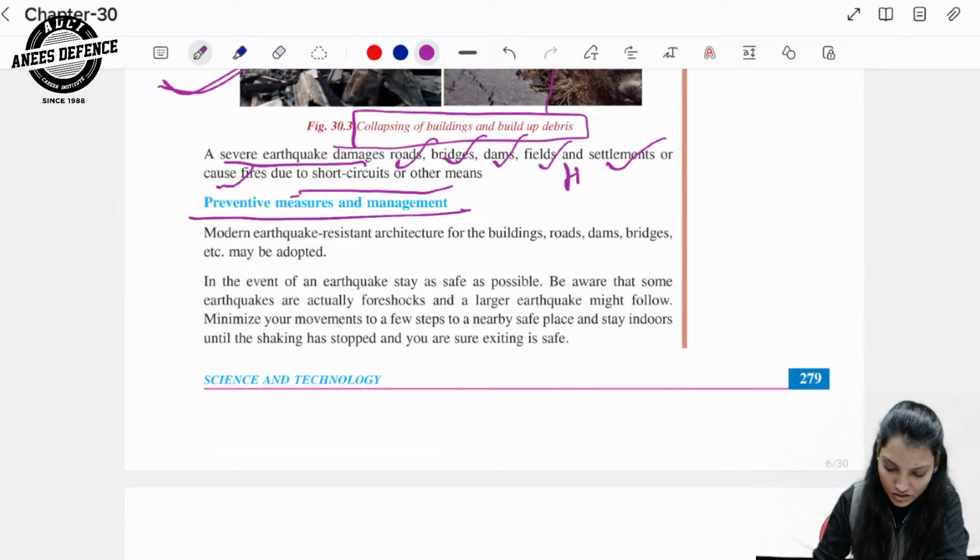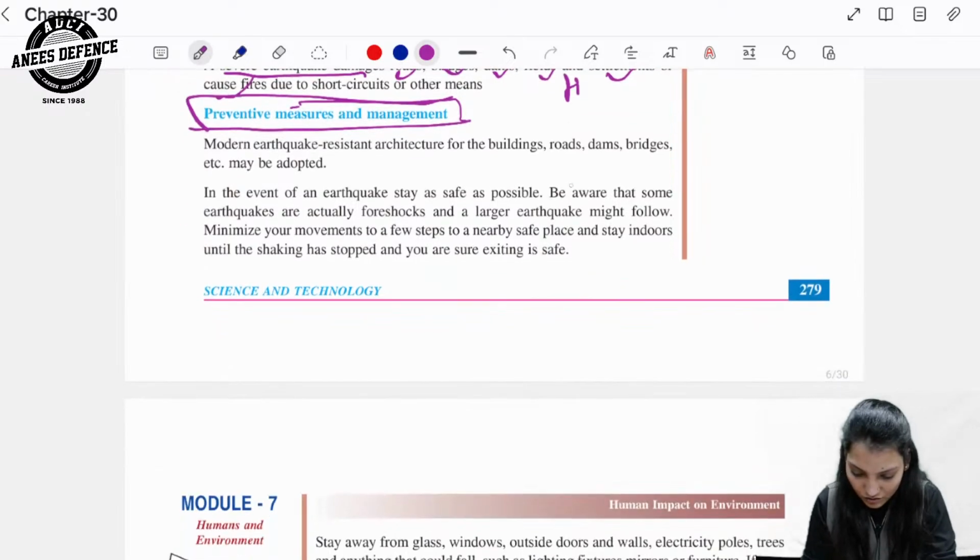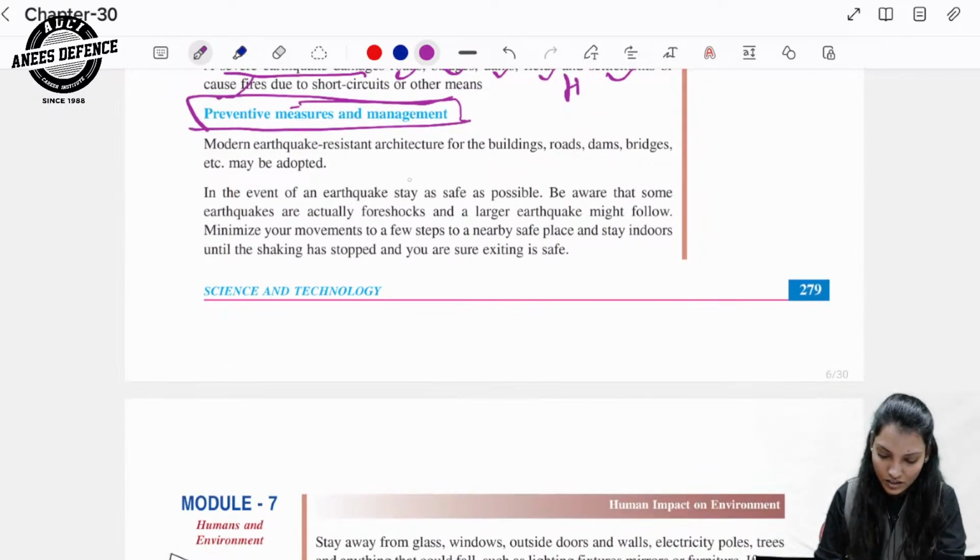Now, what are the preventive measures and management? You can build structures, roads, dams, bridges, etc. All these structures you can build with earthquake resistant architecture. This is one solution.